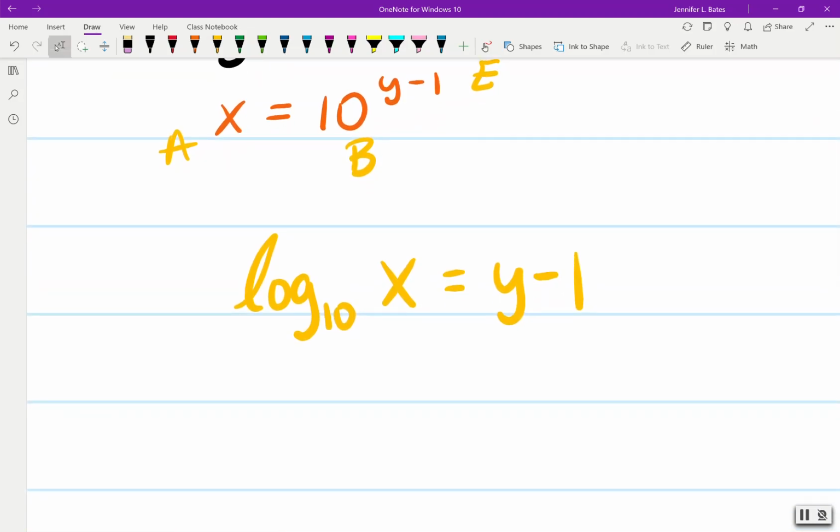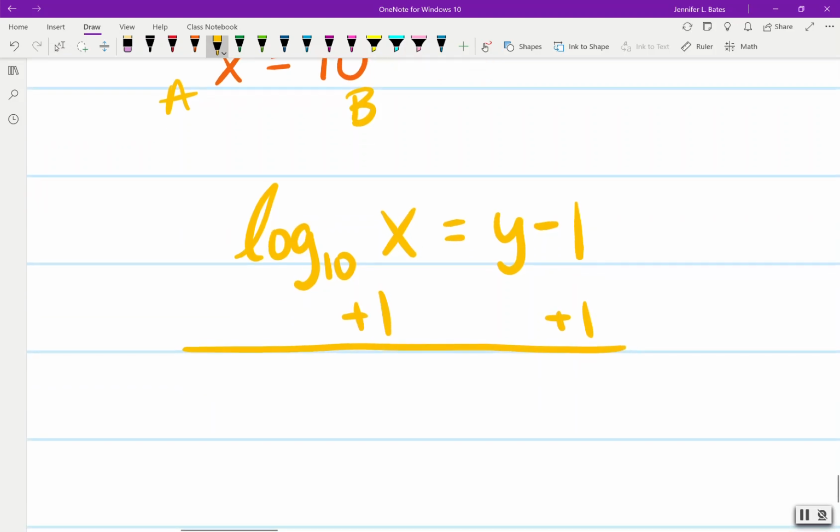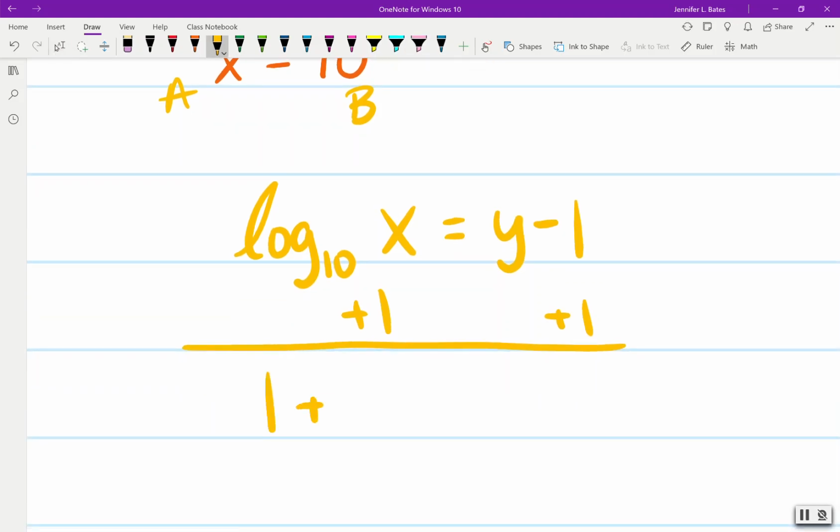Now I'm currently in step 2 of finding inverses, which says solve for y, get y by itself. Well, y is not by itself yet, so I'm going to add 1 to both sides. So this is 1 plus log base 10 of x, and we're going to call it f inverse of x.